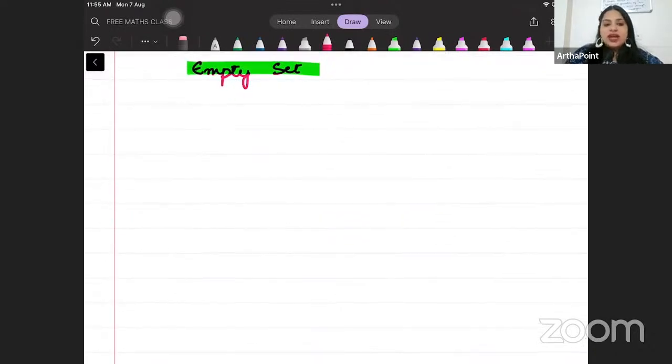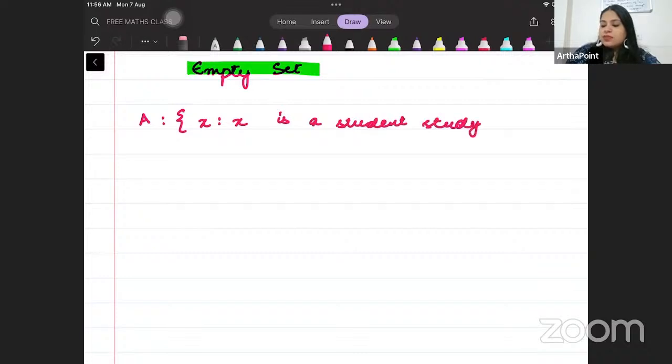So, beta, what is an empty set? An empty set is a set which does not contain any element, right? For example, I say A is a set. And how do I define it? I define it by the number of students. I'm saying x is such that x is a student studying BA and MA economics.